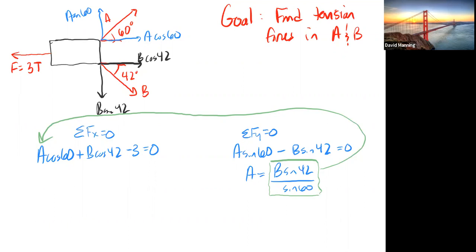All right, let's solve it. We're going to take what we learned for A and plug it in over here, right? B sine of 42 over the sine of 60 times the cosine of 60 plus B cosine 42 equals 3.